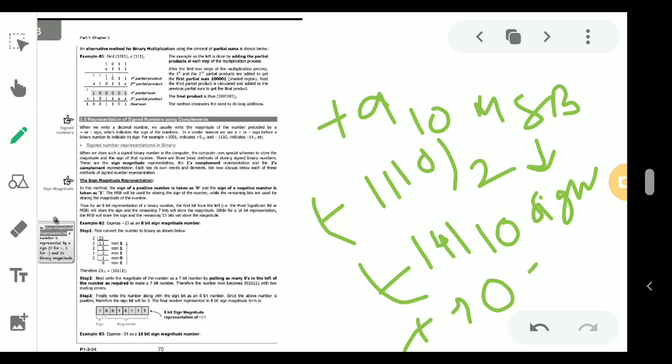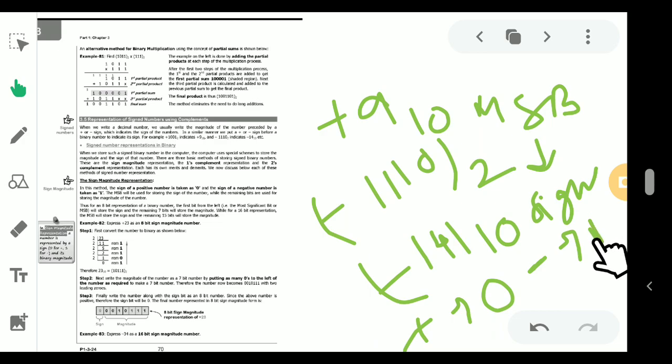If you want to represent a negative number, then we put 1 in the MSB bit.